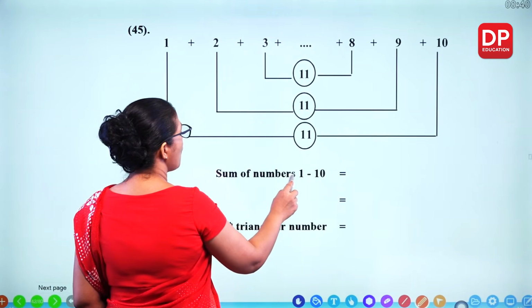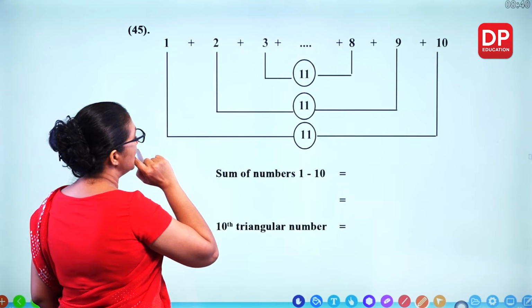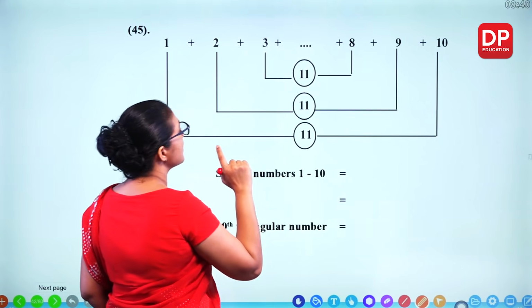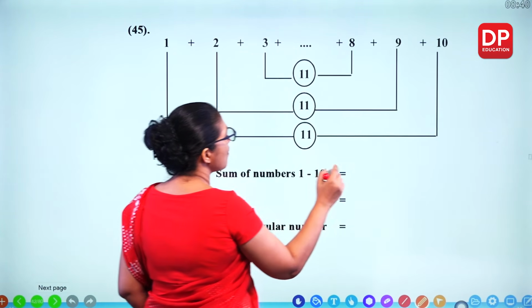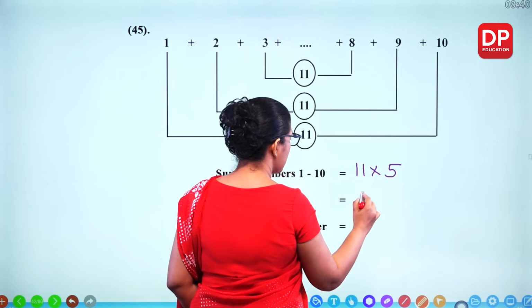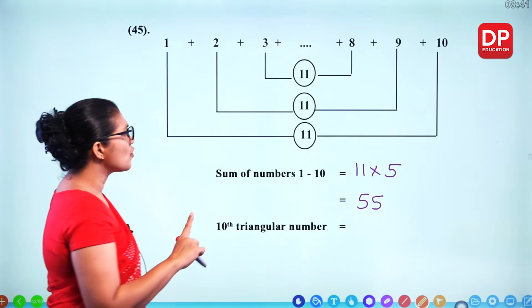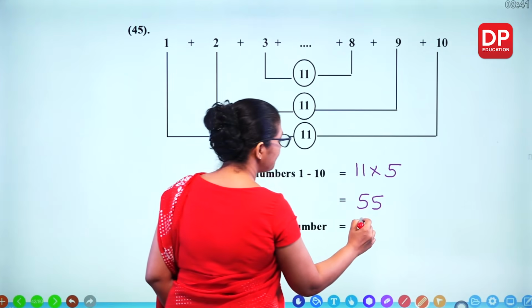The sum of 1 to 10 is what? 1 plus 2 plus 3 plus like that. You get 11, how many times? 5 times. 11, you get 5 times. That's 55. So that's the 10th triangular number.